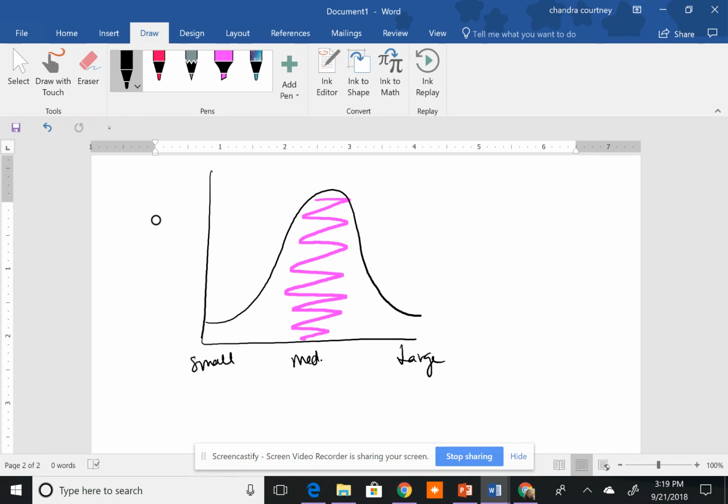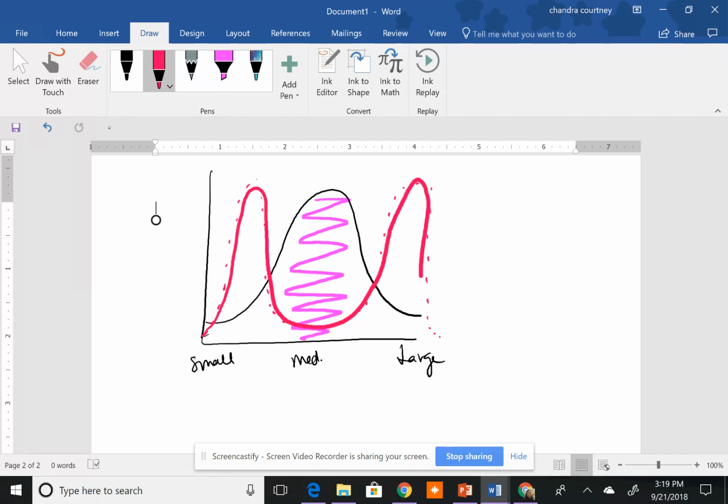We'll have lots of birds that have small beaks, lots of birds that have large beaks, and of the birds that have medium-sized beaks, we're going to have a very small amount. Let me change colors. So that's my disruptive selection, because I've effectively crushed or reduced or removed where my largest numbers fall.